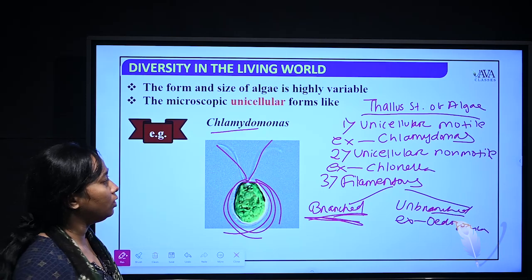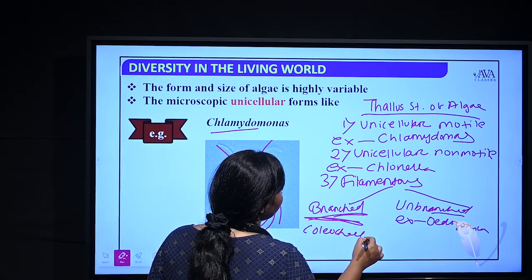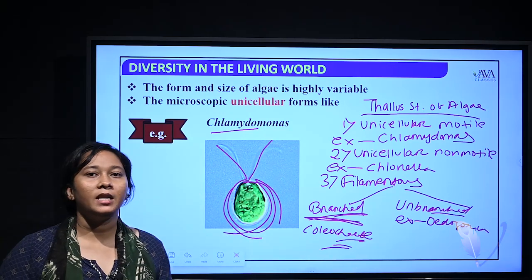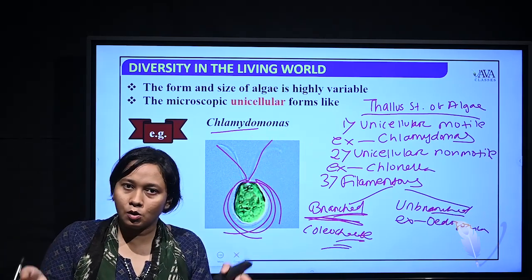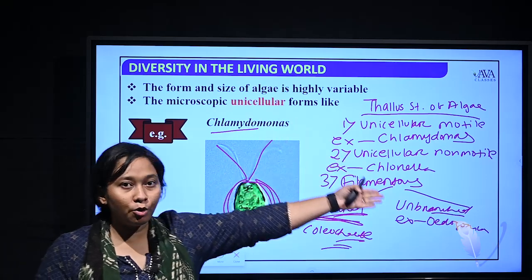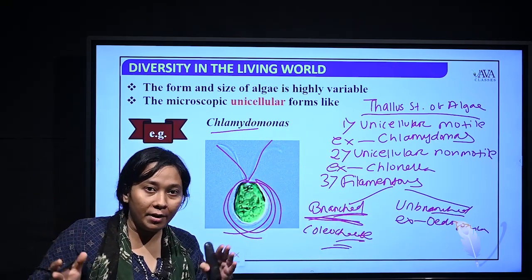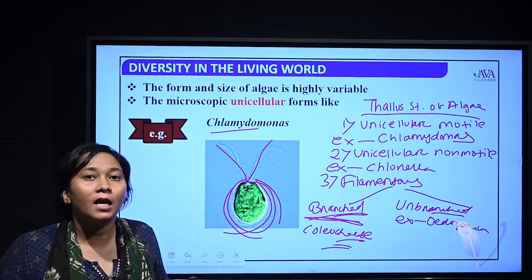For example, your Coleochaete, okay. So in algae we can see unicellular motile forms, and unicellular non-motile forms. There are some algae that are filamentous, okay, they have filament like structures, that's why they are called filamentous.